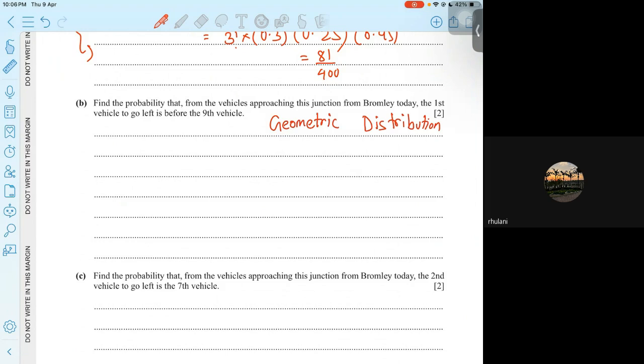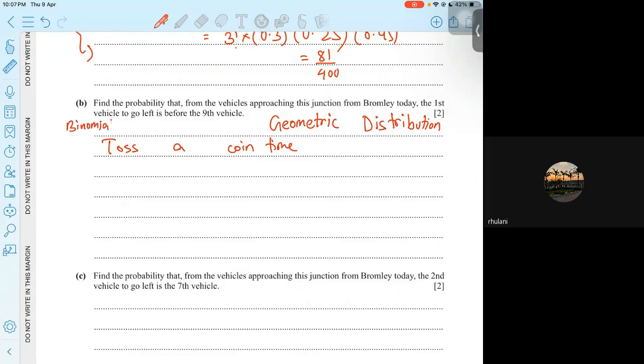The way for determining whether a question is binomial distribution or geometric distribution is, binomial distribution is going to ask you stuff like, let's say we toss a coin 10 times. This is binomial, by the way.